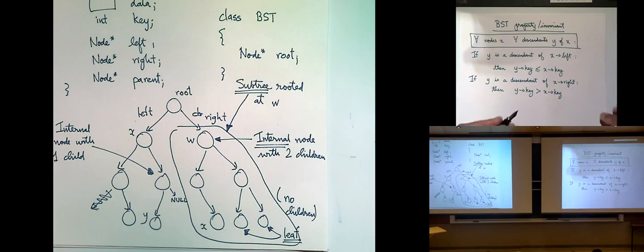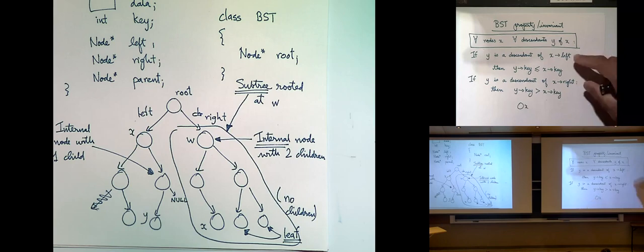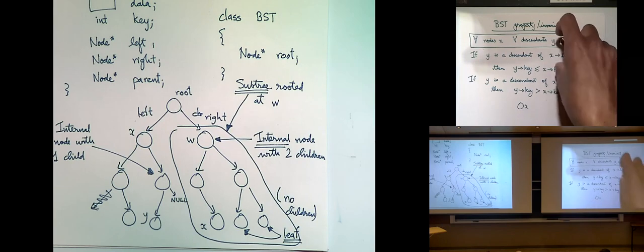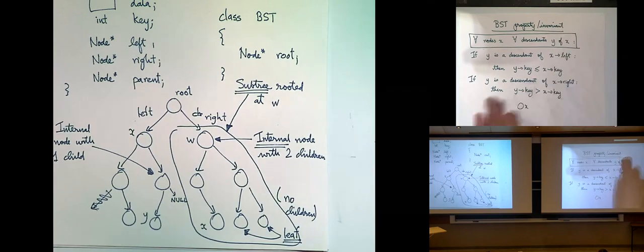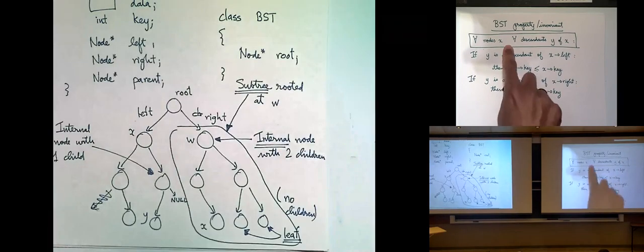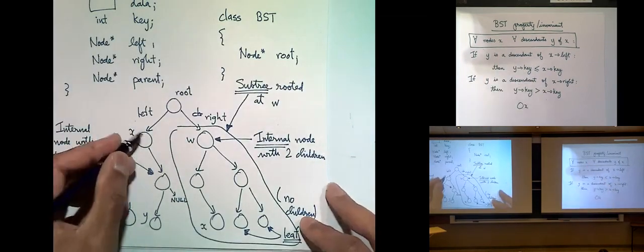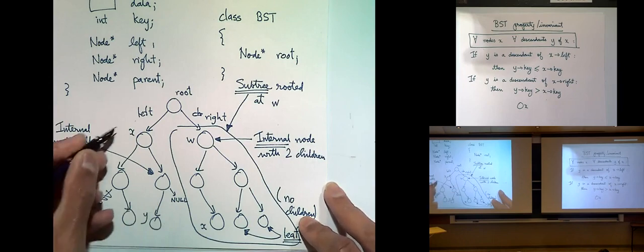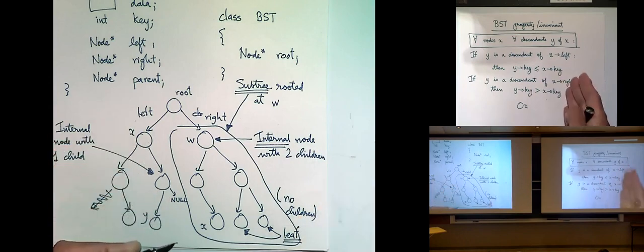So another way of describing this pictorially is here's x. And again, this is only talking about the subtree rooted at x. Remember, the subtree rooted at a node involves all descendants. So we are talking about the subtree rooted at x. And for every node in the subtree, there is a constraint.